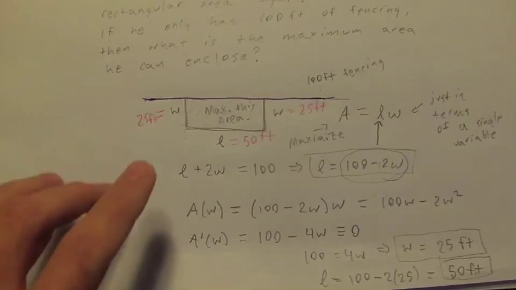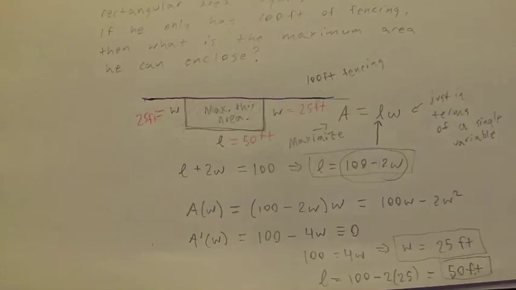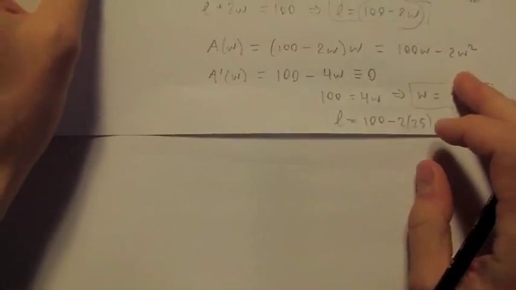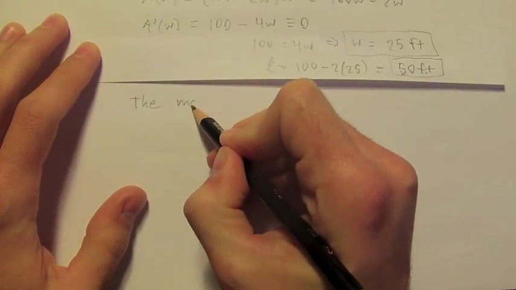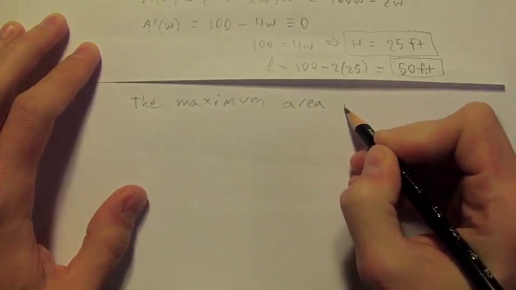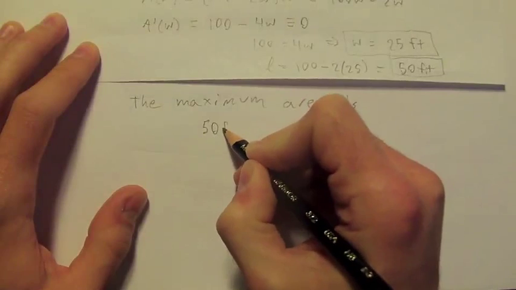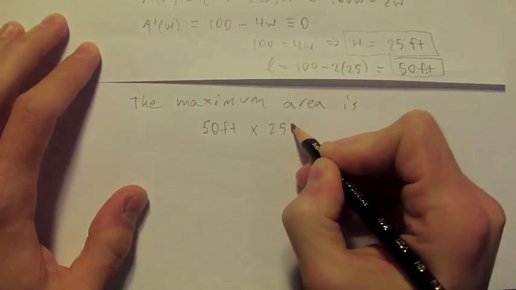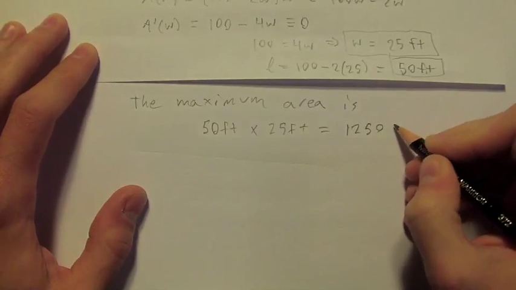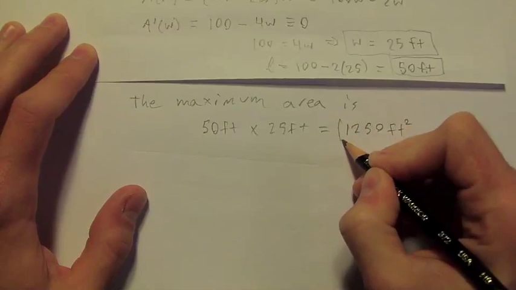Therefore, the area is still L times W, it's 25 times 50. Okay, so the maximum area, I'll write it here, maximum area, is 50 feet by 25 feet, which is 1,250 square feet.